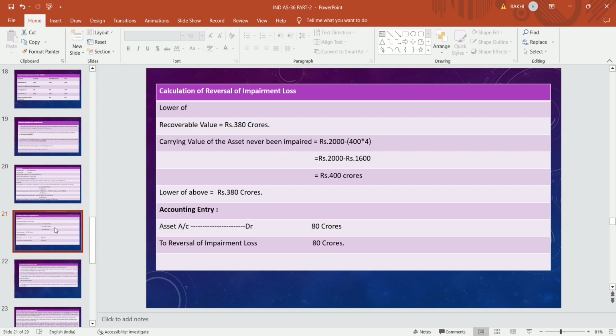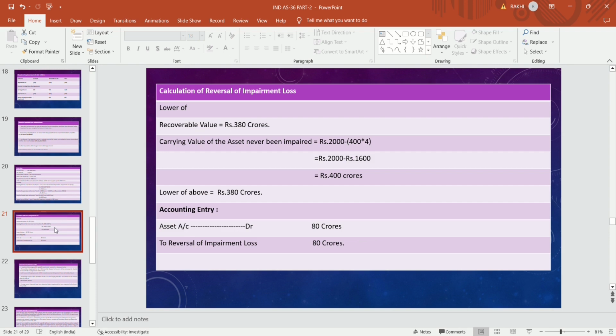So we will consider the lower of recoverable value or the carrying value of the asset if it is not impaired at any time during the period. So 2000 minus only the depreciation, that is 400 into 4, that is 1600 crores. That is, the carrying value at the end of year 4 will become 400 crores.